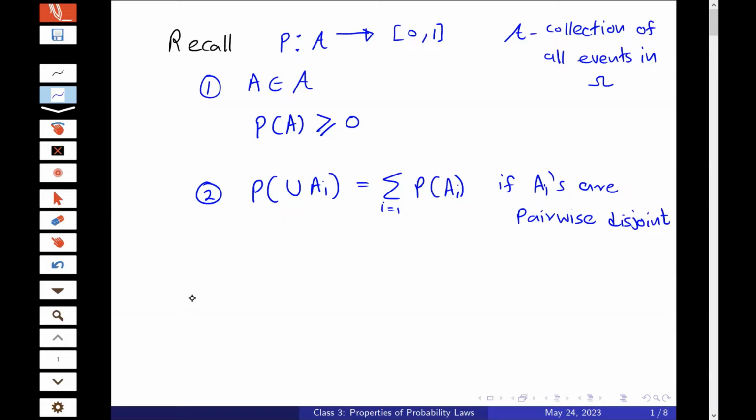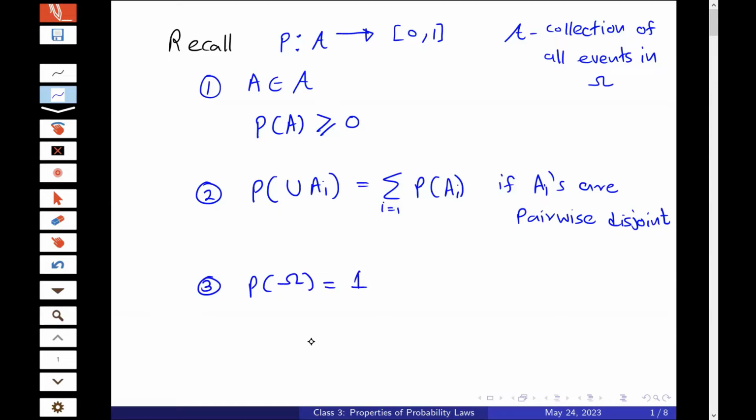And the third property, normalization, says the probability of the sample space is going to be 1.